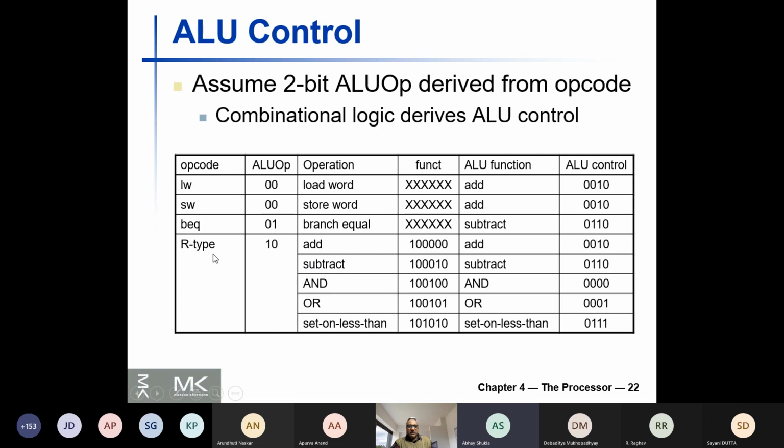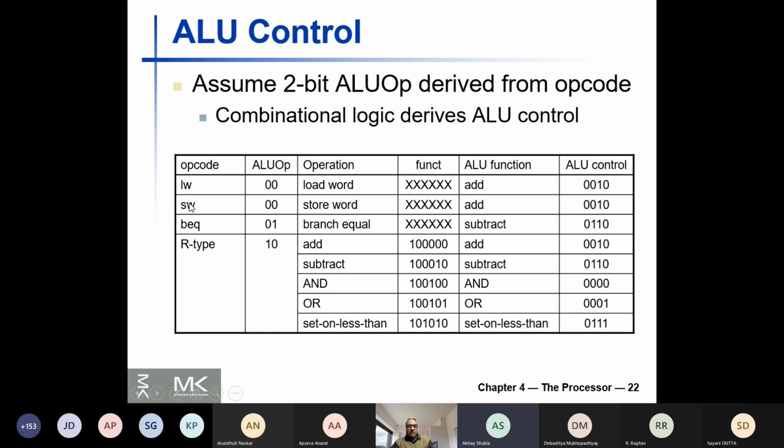In the case of R-type instructions, various function fields will be there. The lower 6 bits indicate the type of operation to be performed. If it is 32, the operation is add. If it is 34, the operation is subtract. Likewise, these function bits indicate what operation is to be performed in the case of an R-type instruction.